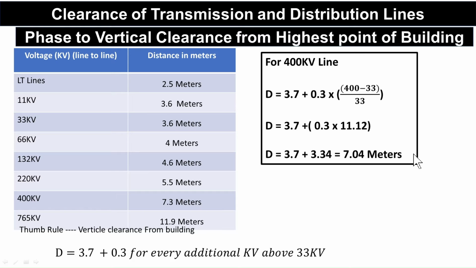You can see here for 400 kV line the vertical distance is 7.3 meters in the chart, and here it is 7.04. Almost the same height comes from using this formula or from the chart. In this way you can calculate the vertical distance for any transmission line above 33 kV using this formula.